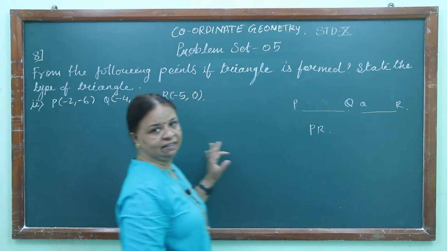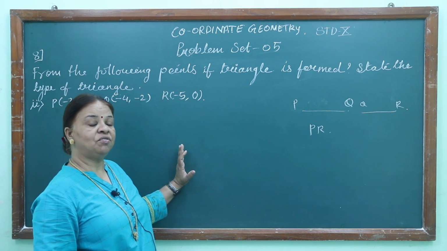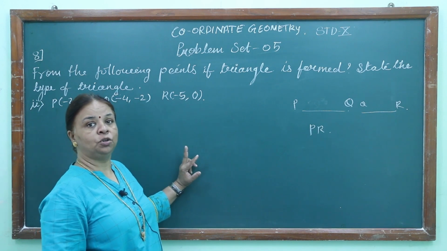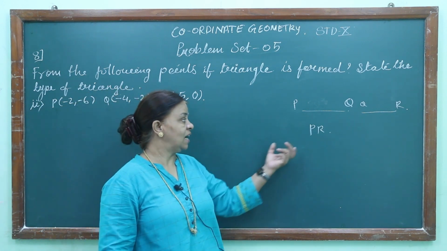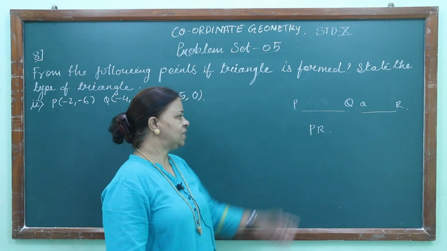Out of all these lengths, I have to consider the largest length and add the other two lengths, and those other two lengths should be greater than the largest length which I have got. How can it be?